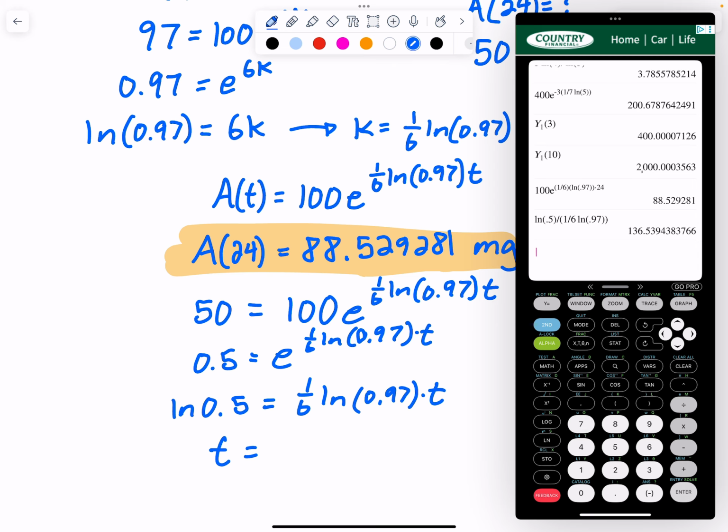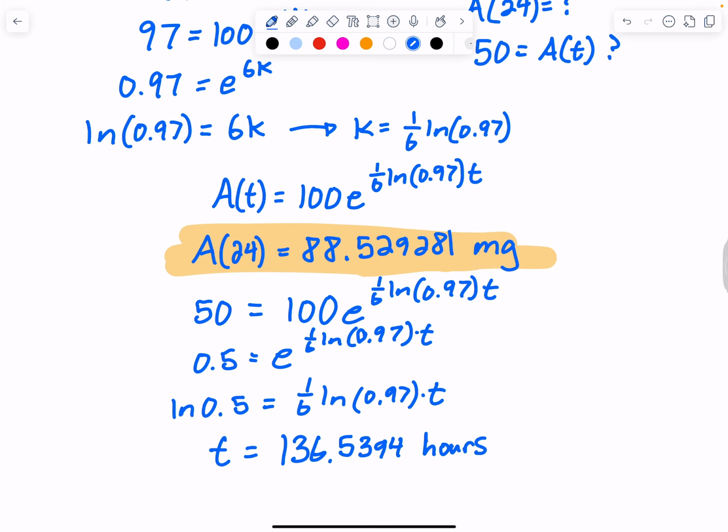I think that works. Right, so ln, I'm just double checking my typing. Yeah, it looks correct. So this says after 136.5394 hours, half of that element would be left.